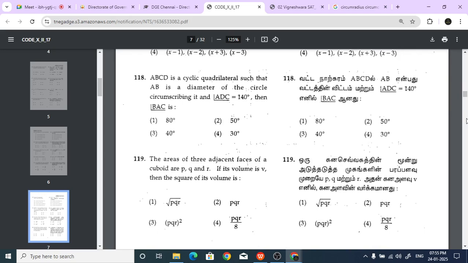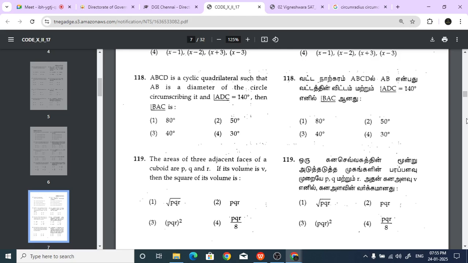Okay. The cyclic quadrilateral, have you studied cyclic quadrilateral? Yes, sir. Can you read it? ABCD is a cyclic quadrilateral such that AB is the diameter of the circle circumscribing it and angle ADC is equal to 140 degrees. Then angle BAC is... one minute.